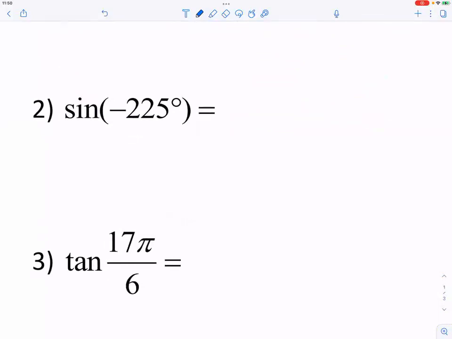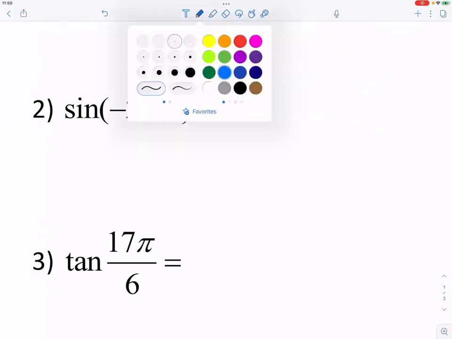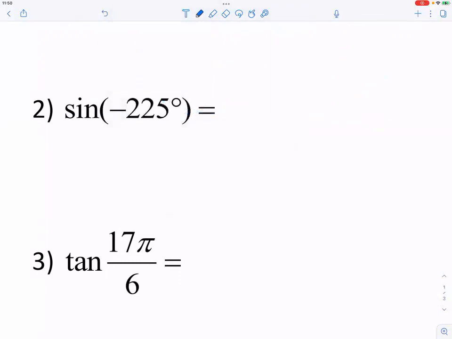it's not very pleasant. Okay, so how can we make it a little bit more pleasant? We can make it positive. So negative 225 degrees.